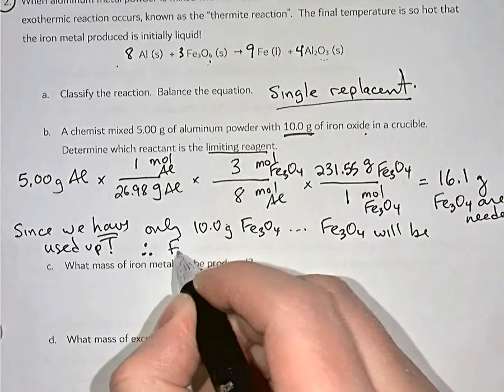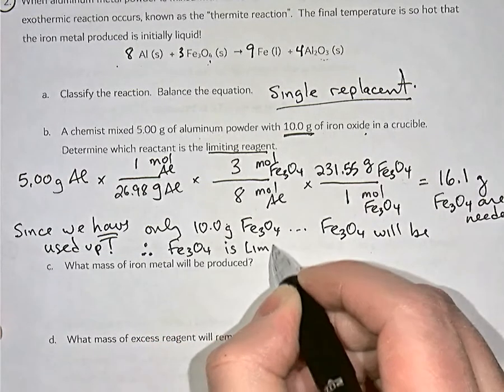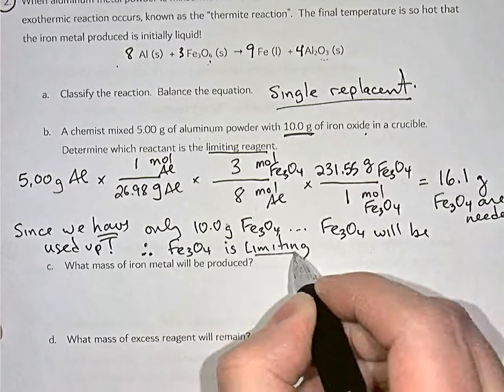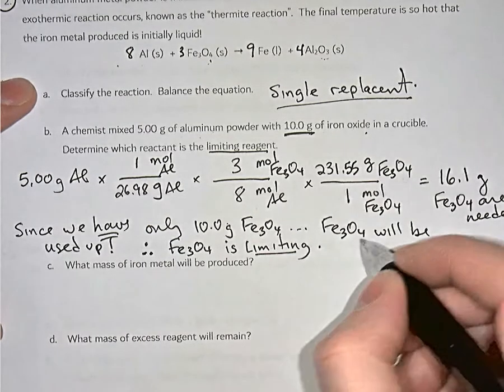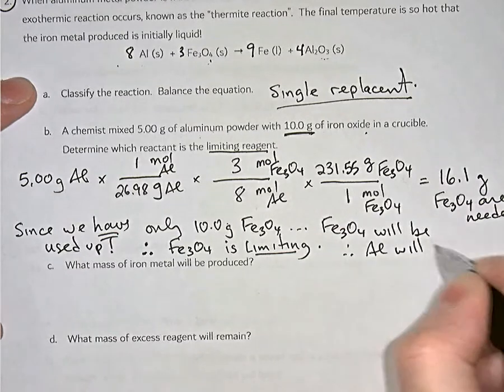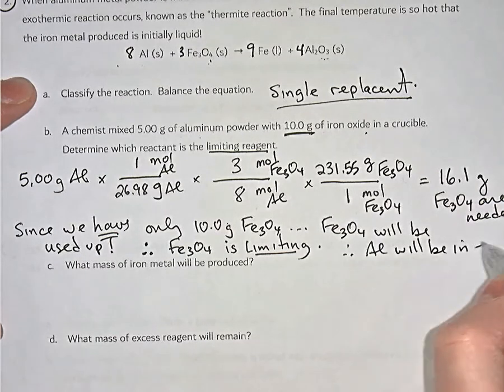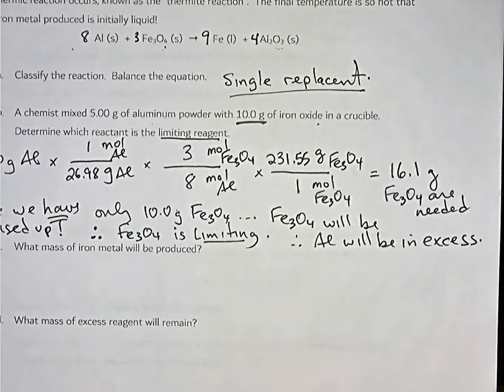Therefore, iron oxide Fe3O4 is limiting. Okay? Now the other reactant, the other reagent, the aluminum, it's going to be left over. It would be in excess. Therefore, aluminum will be in excess. And all that means is at the end of the reaction, there's going to be some leftover aluminum metal.